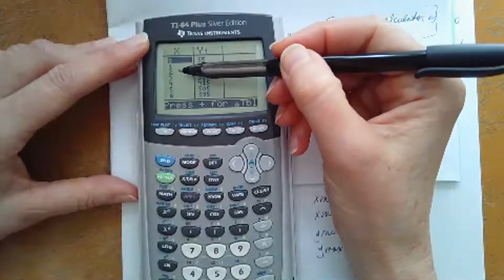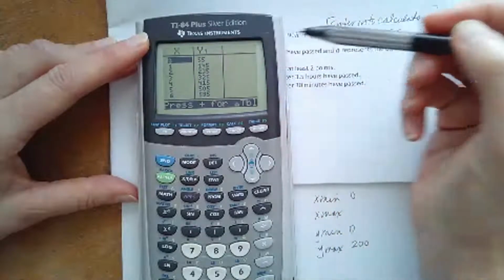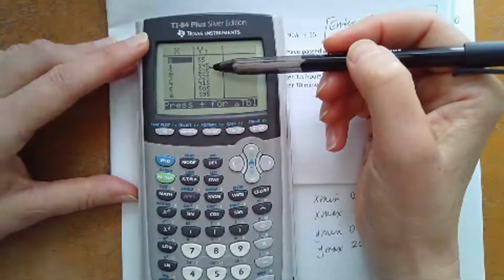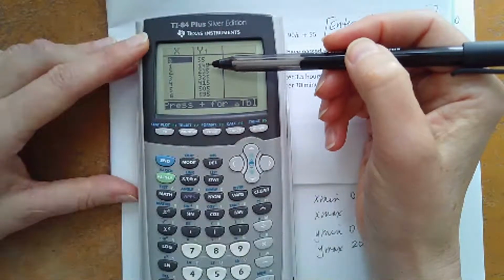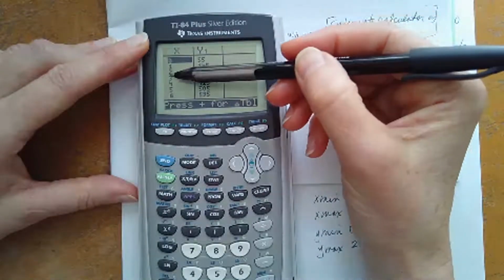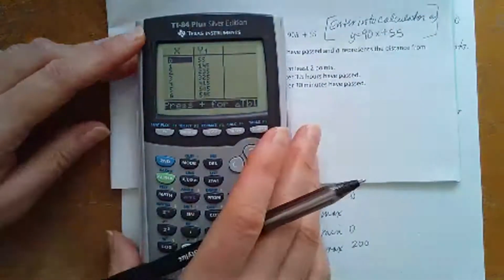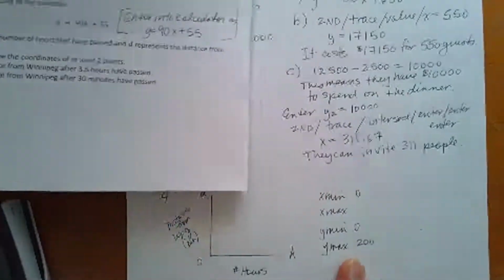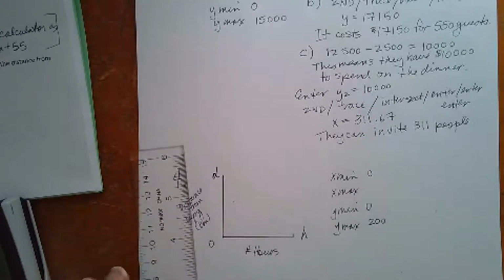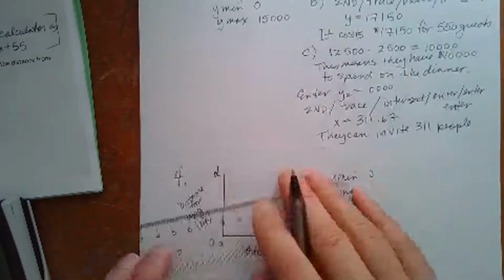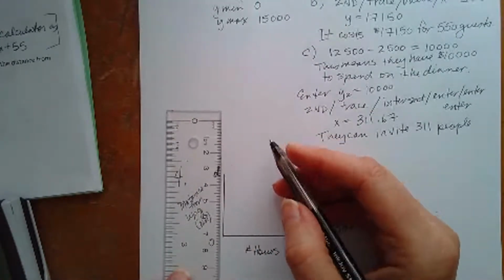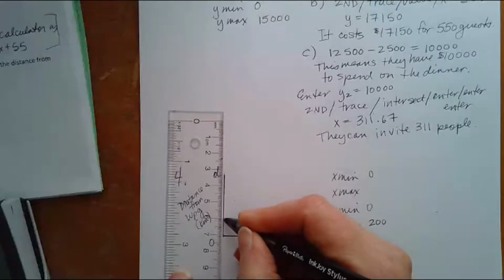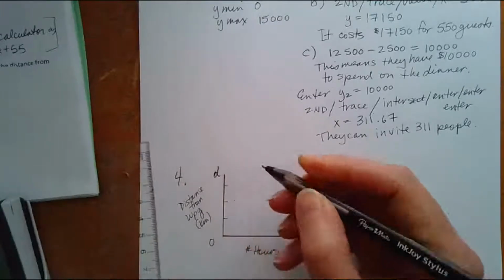How about maybe 2 hours and 235? 2 and 235. Okay, I'm going to try and remember that. Just going to move this out of the way for a sec. So 2 and 235. So I'm going to go 100, 200, 300.